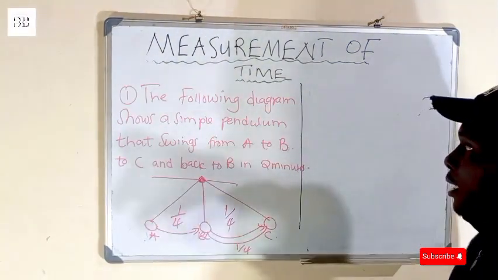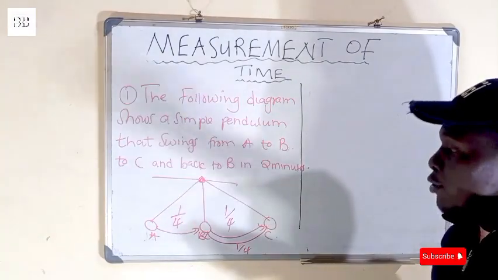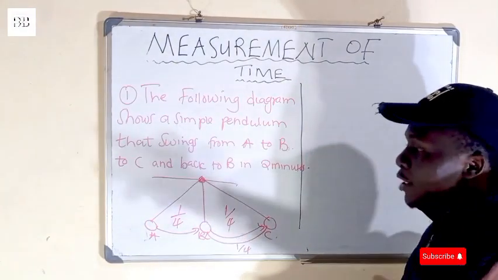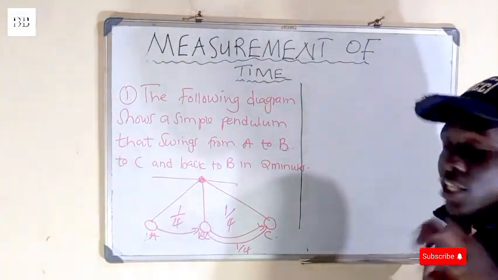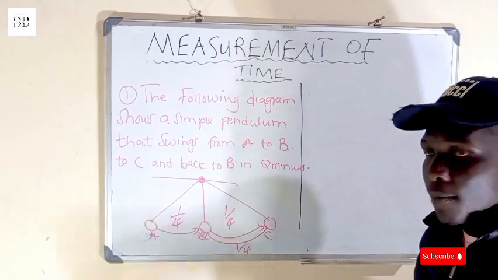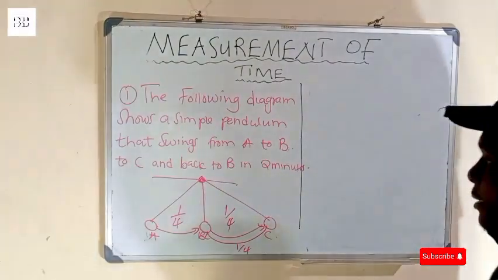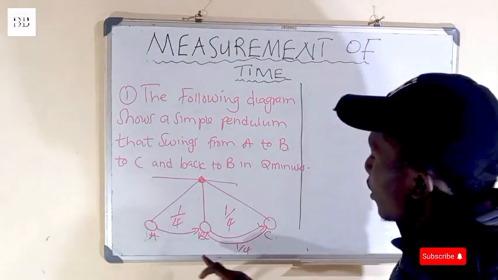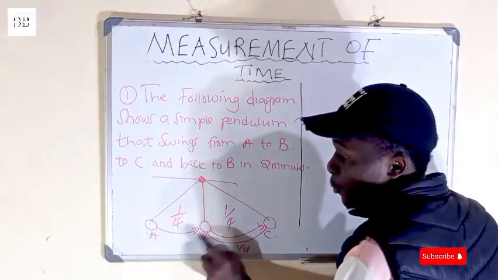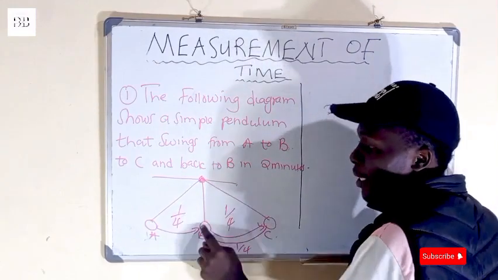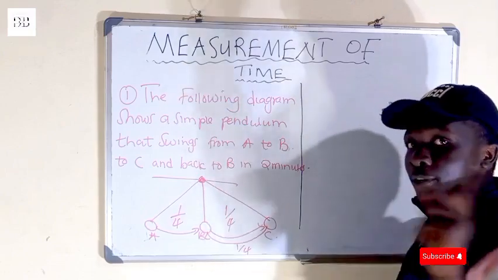This is something that you will not be given in the question, but you have to know it, because this will give you the number of oscillations you require if in the question you have not been given it. So now, we are told this swung from A to B to C and back to B. So we have how many 1/4s?